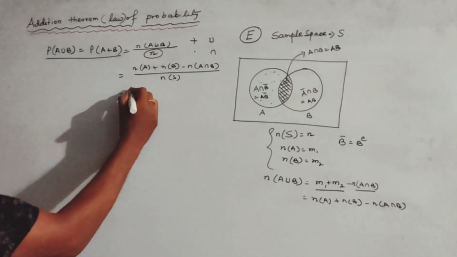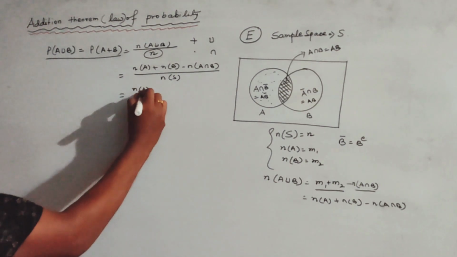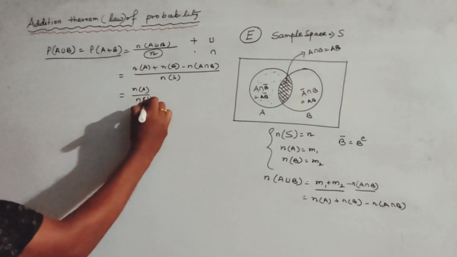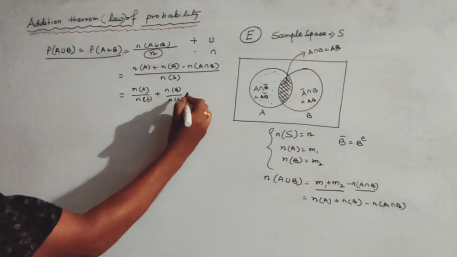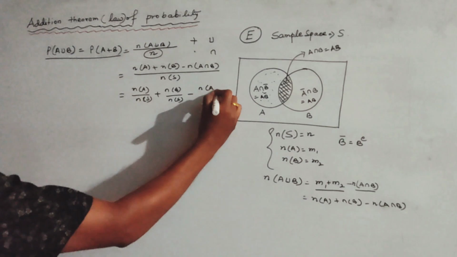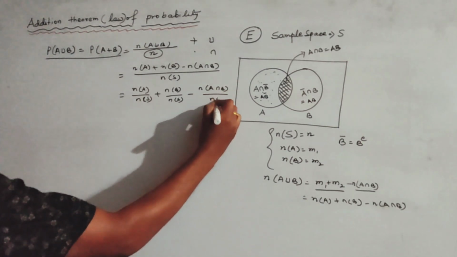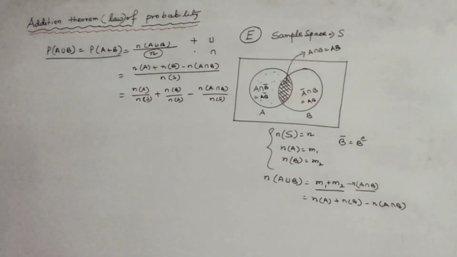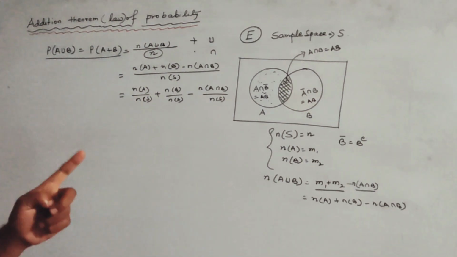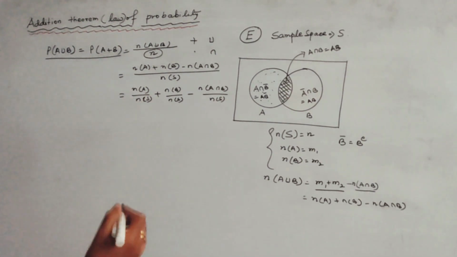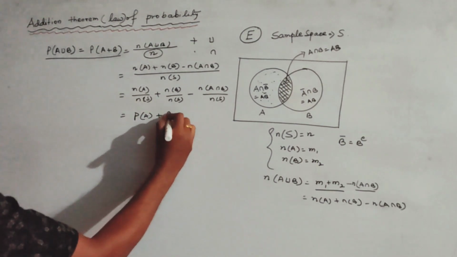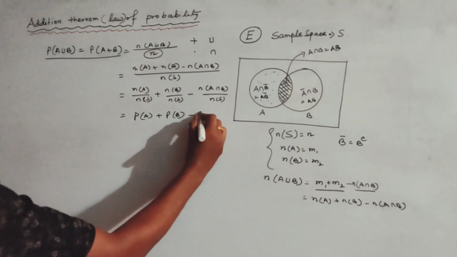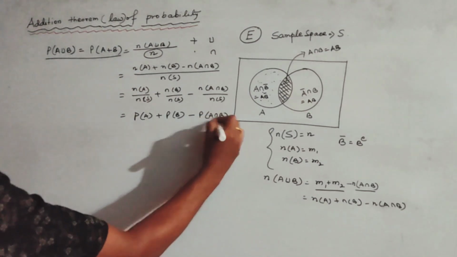So n of A by n of S plus n of B by n of S minus n of A intersection B by n of S. And we know from the classical definition of probability that this is P of A, this is P of B, and this is P of A intersection B.